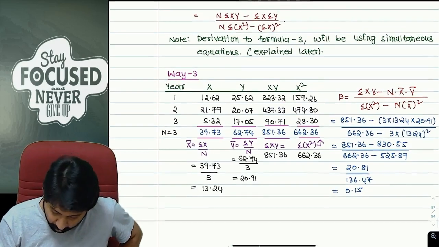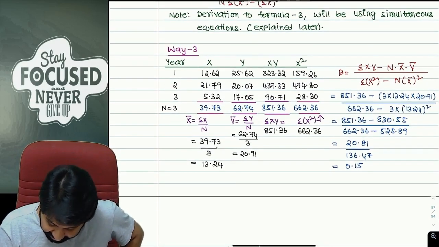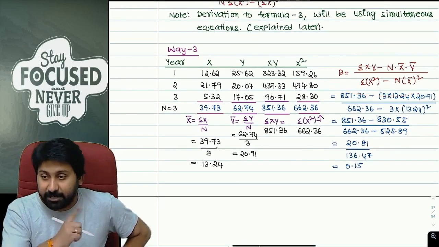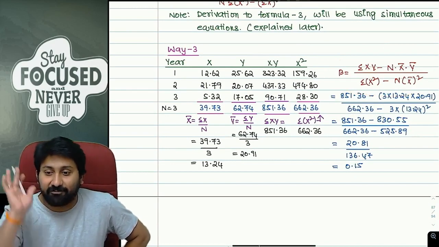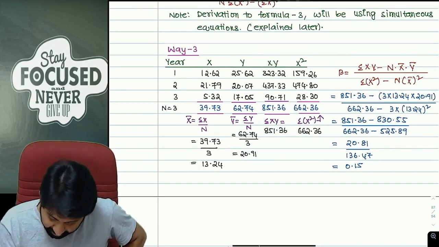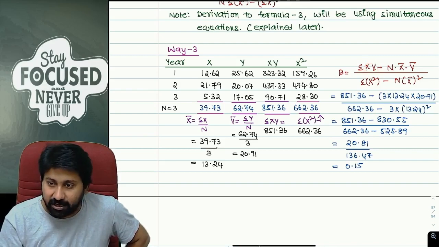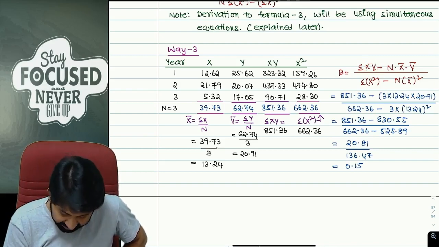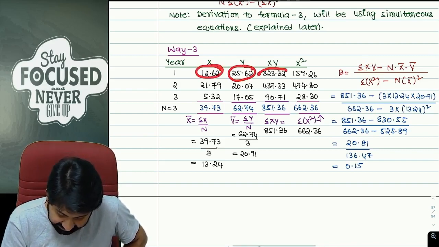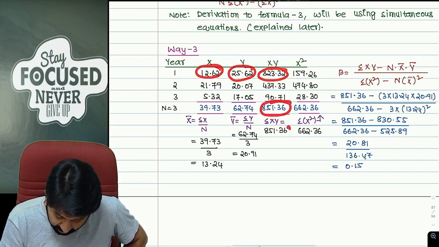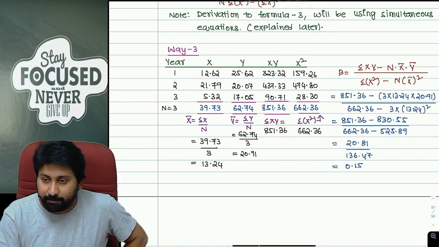Okay, now what we are going to do, next stage, beta calculation using that particular model. Way 3, way 4, we will calculate beta. First listen, sigma xy means what? Sigma of xy. This is x, this is y, this is xy, this sigma. So therefore sigma xy is 851.36.